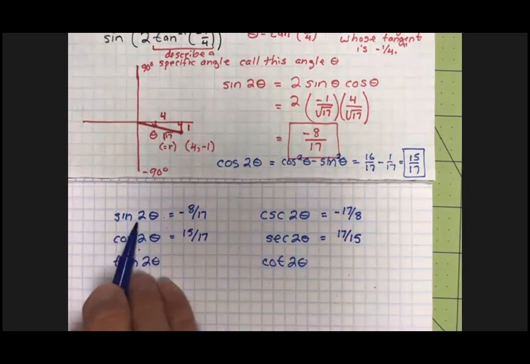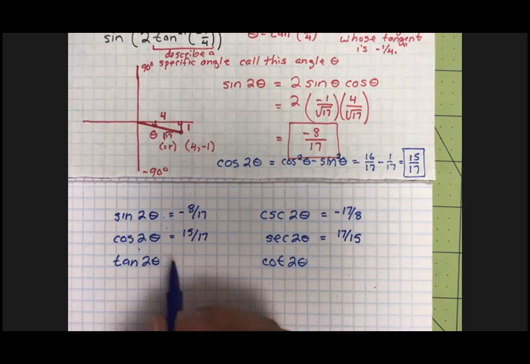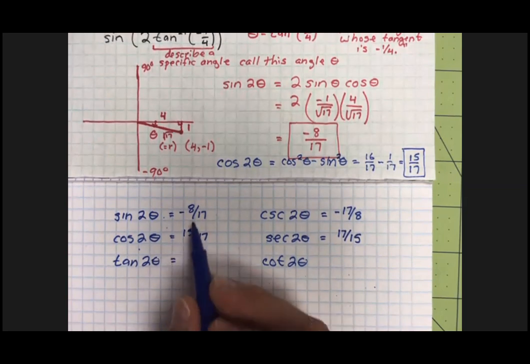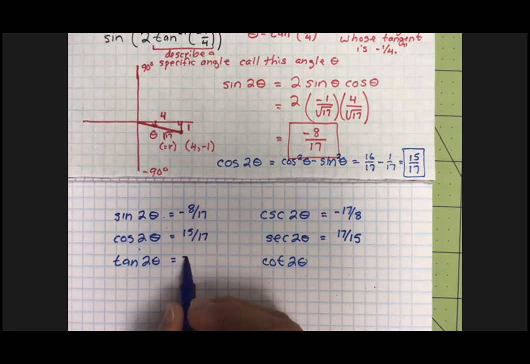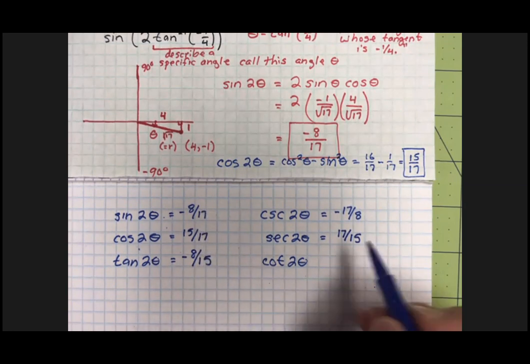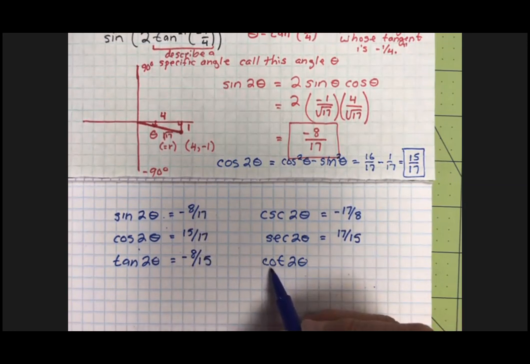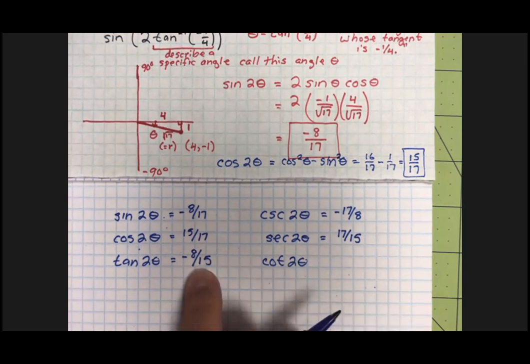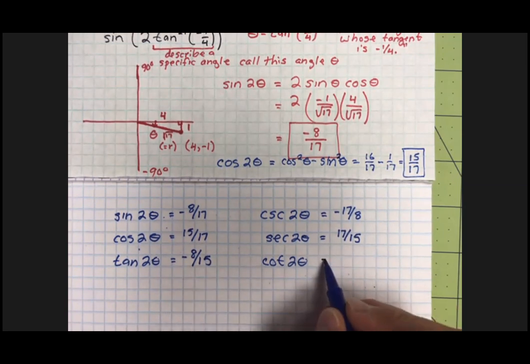Then by dividing sine and cosine, you fill in the tangent. Divide minus 8 17ths by 15 17ths, and you get minus 8 over 15. You invert and multiply, and the 17s cancel. Cotangent is the reciprocal of tangent. So this will be minus 15 over 8.